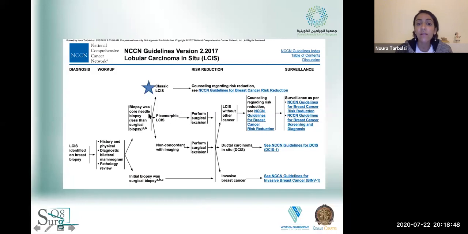If the biopsy tells you that there is pleomorphic LCIS, then you have to perform a surgical excision to rule out DCIS or cancer. If there is any discordance between the imaging finding and the pathology, like you see microcalcification or something suspicious and it only comes back as LCIS, as I said, then we missed the lesion. You have to go back and perform surgical excision.